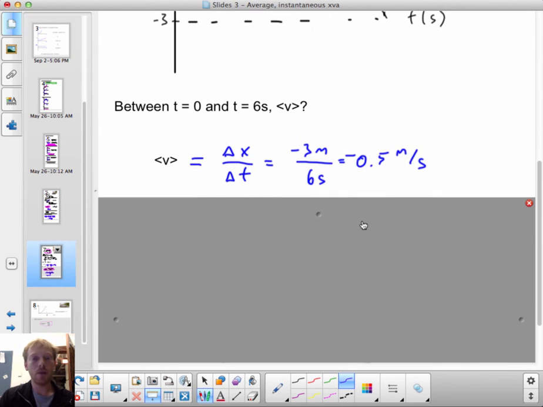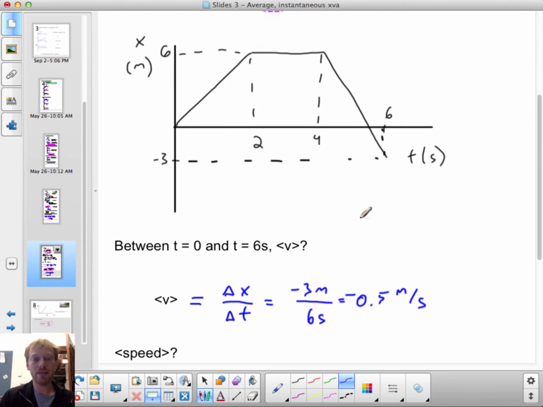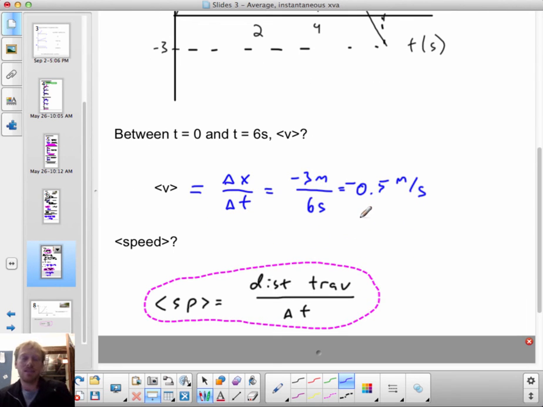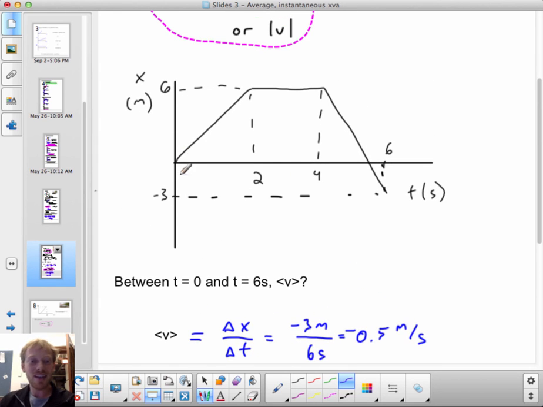All right, what about the average speed? Well, the average speed is a little bit different. It's equal to the distance traveled divided by delta t. And if you remember, distance traveled is shoe leather distance. So during this jaunt, there was an accumulated distance traveled of 6 meters. Here the object is at rest, so no distance traveled.